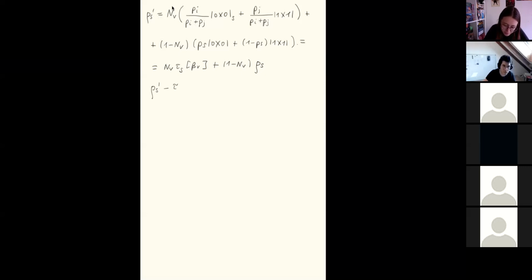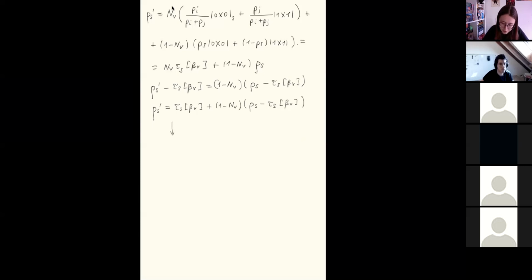So rho S prime minus tau S of beta V would be equal to 1 minus NV, times rho S minus tau S of beta V. And so rho S prime can also be written as tau S of beta V plus 1 minus NV times rho S minus tau S of beta V.